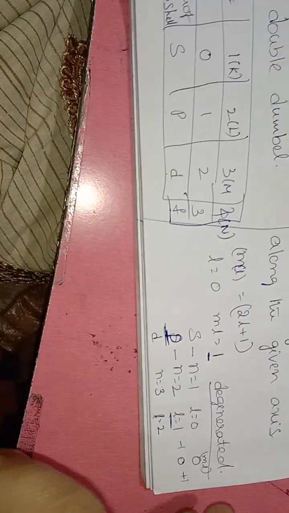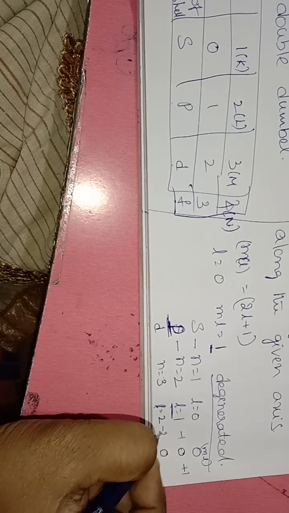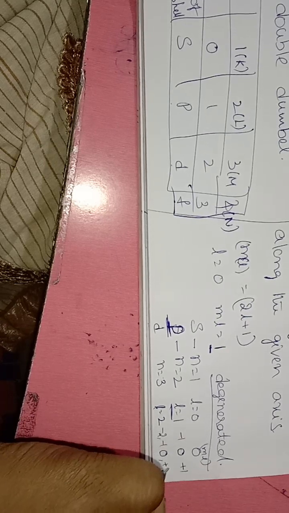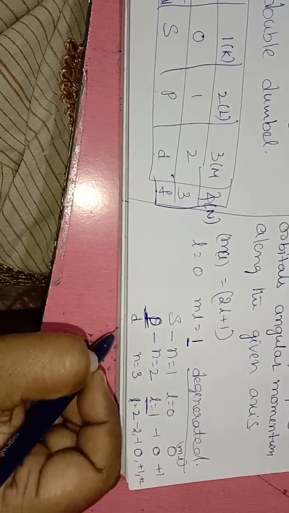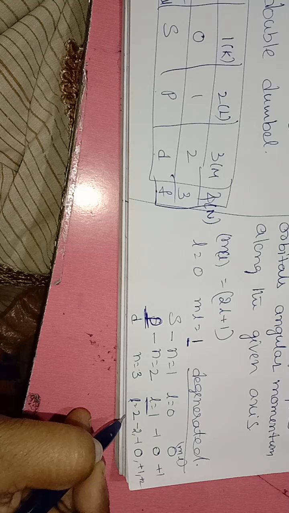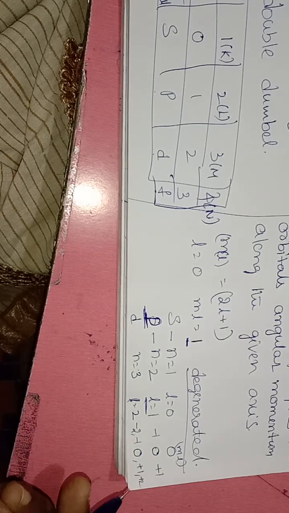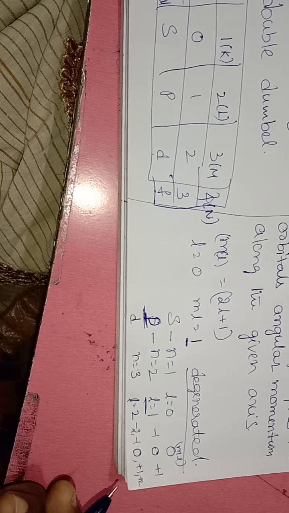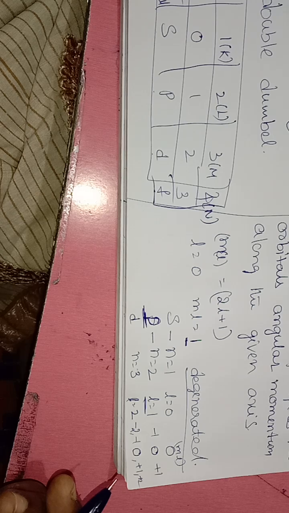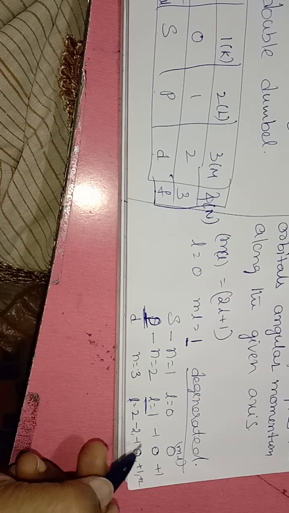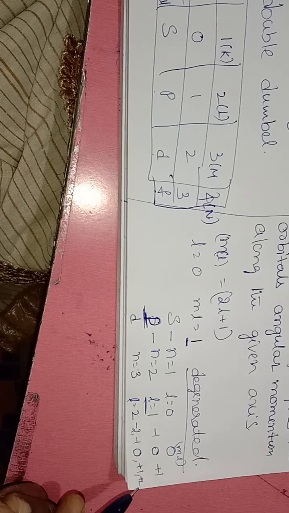The middle value should be 0, and the values go minus 2, minus 1, plus 1, plus 2. Next we have F: n is 4, L value is 3, so minus 3, minus 2, minus 1, 0, plus 1, plus 2, plus 3. 7 orbitals are there in the 4-fold subshell, with ml values from minus 3 to plus 3.